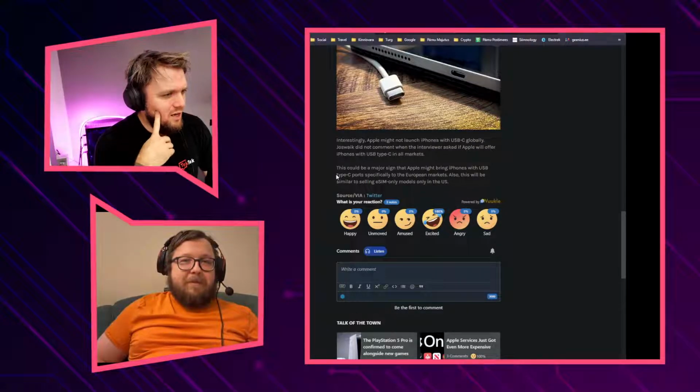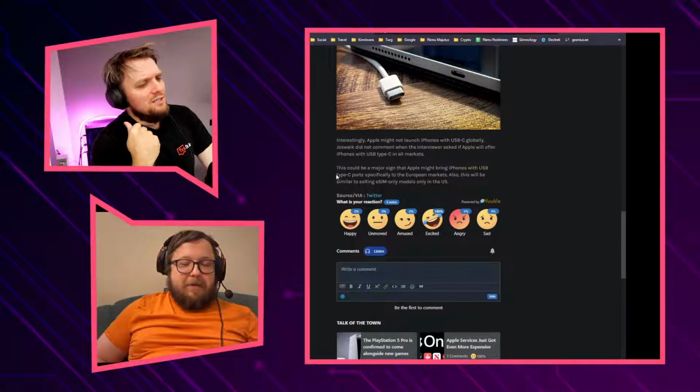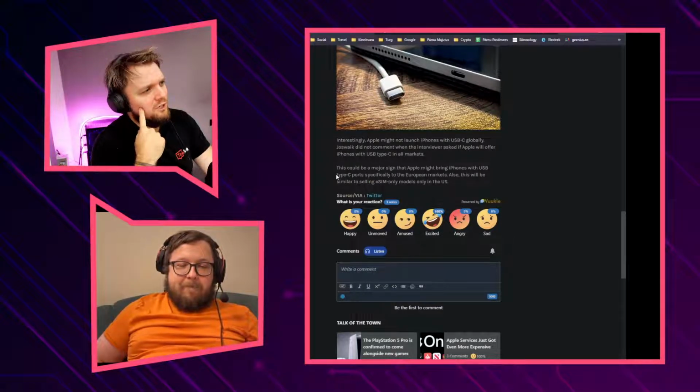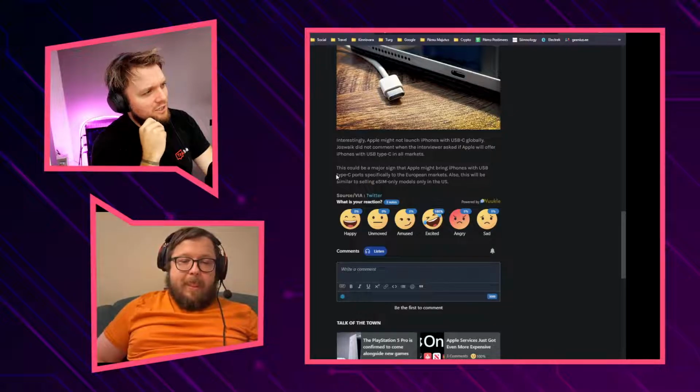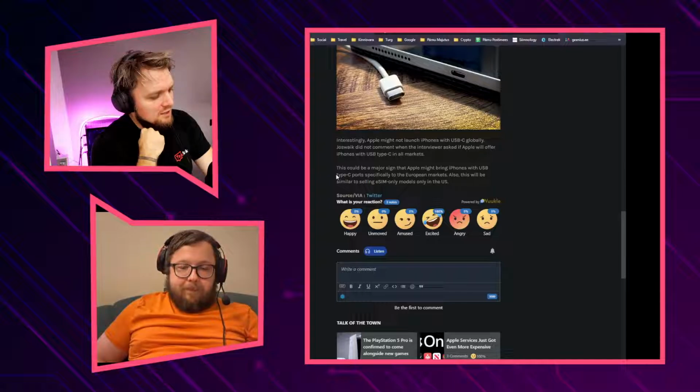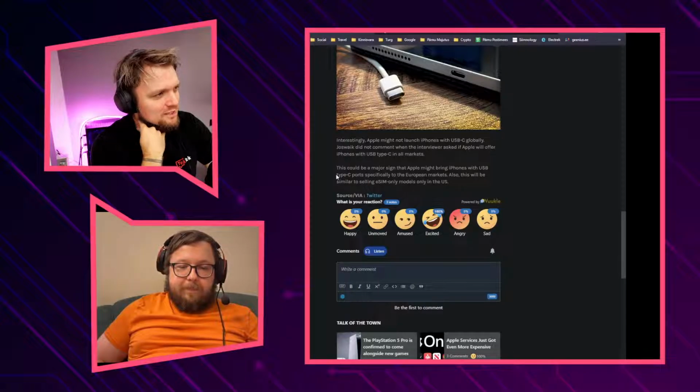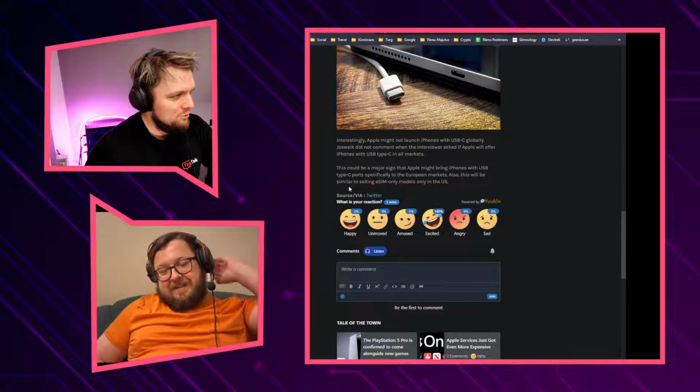I'm not sure. USB 4 and 5 are basically capable of the same thing, but if you want to label them as Thunderbolt, then you have to pay Intel. That's my understanding. Don't quote me on that.